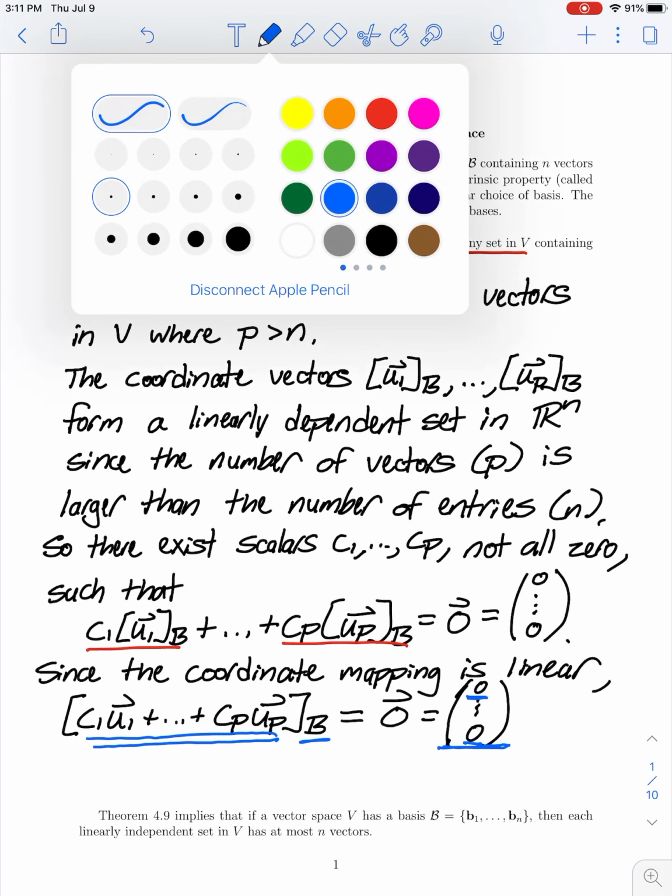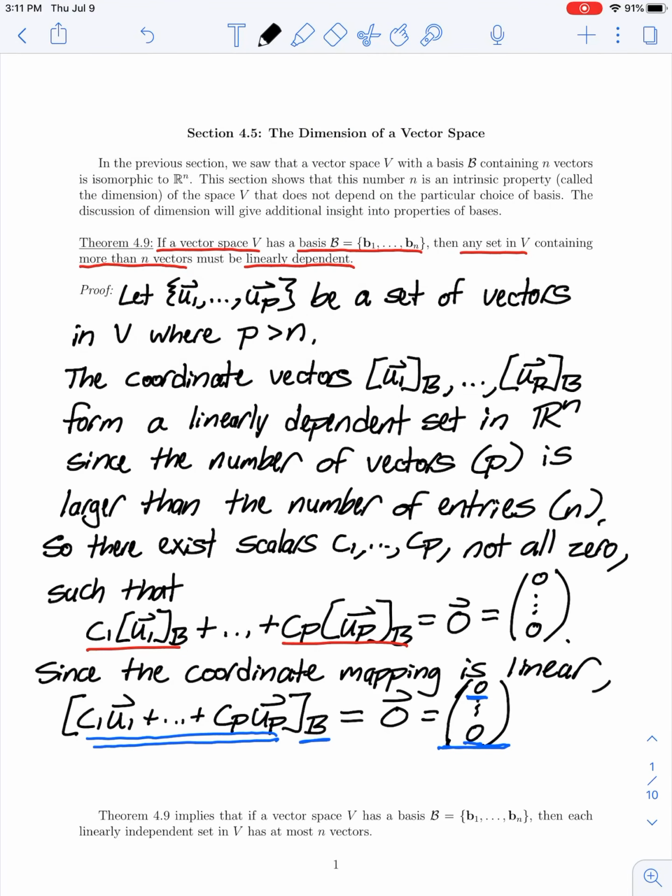So using that definition, we have the vector c1 u1 plus c2 u2 up through cp up is equal to 0, that is our first coordinate for this coordinate vector, times the first basis vector from B, plus so on up through 0 times b sub n, since all of the weights here were 0.